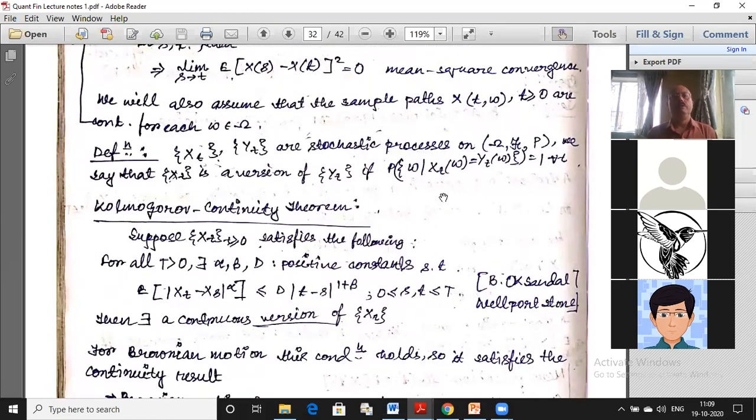So even if X_t does not have continuous sample paths, if X_t satisfies this particular boundedness property, I can always find a version Y_t, equivalent in probability to X_t, which has continuous sample paths. These are called continuous versions of a stochastic process.